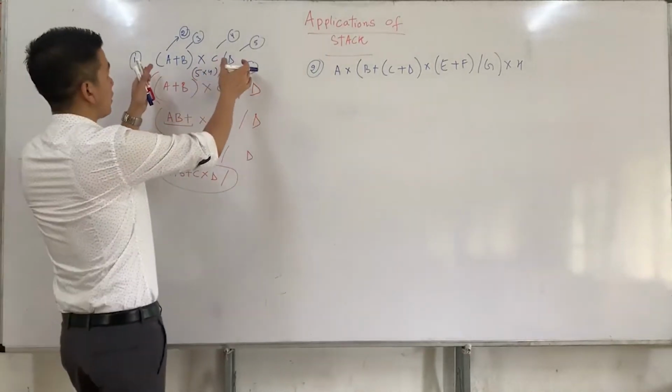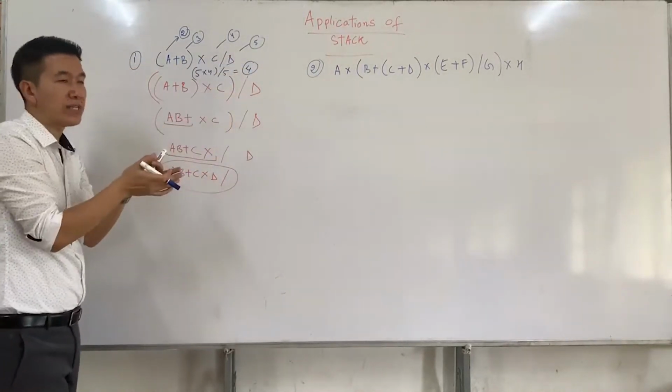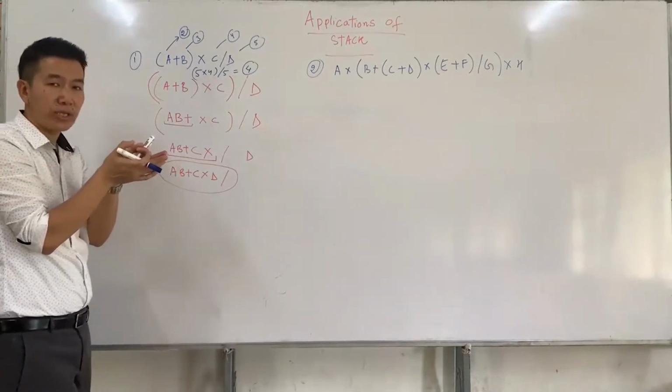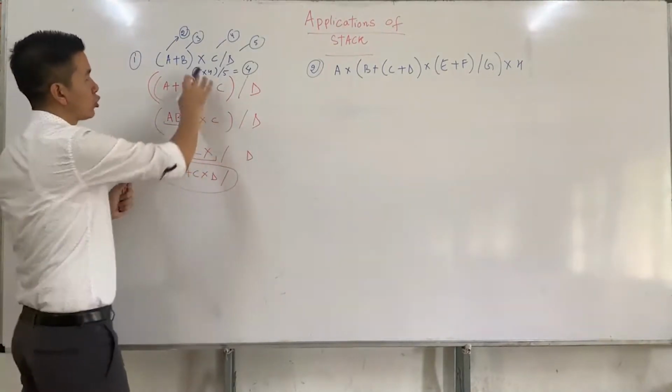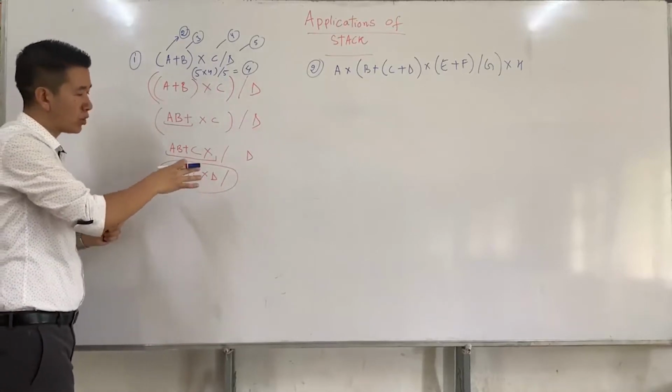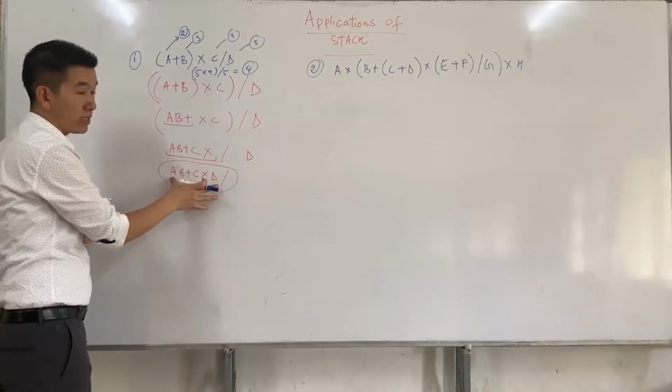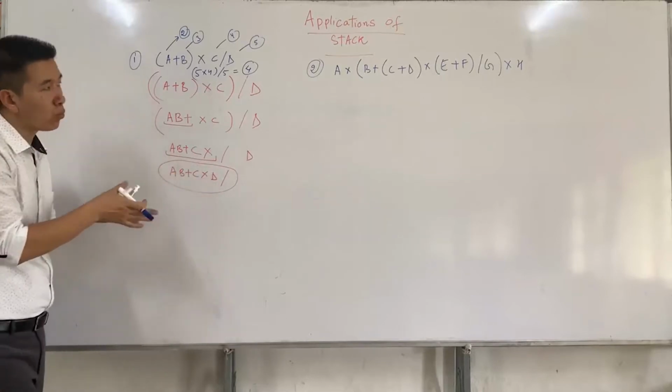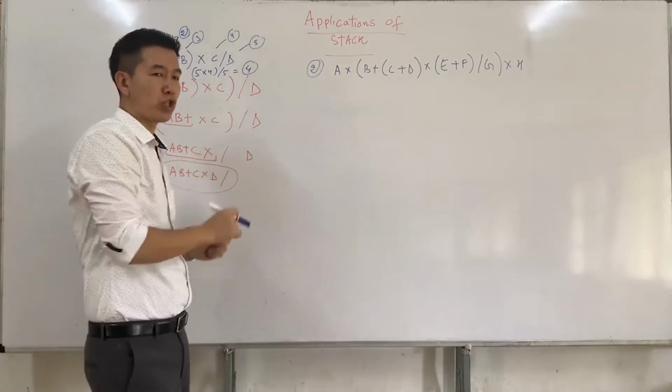So this is how we as humans move on with the calculation of the expression. Now the question is, how does the machine calculate this? Okay, this is when the stack comes into the picture.